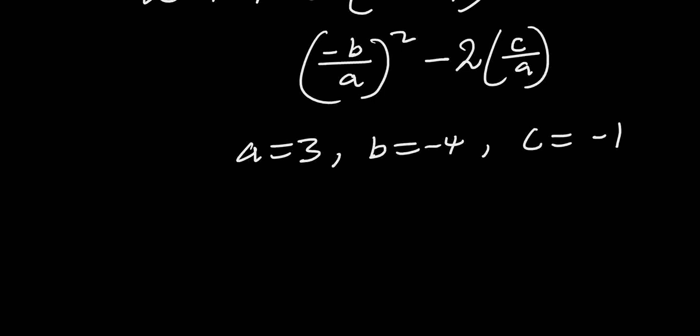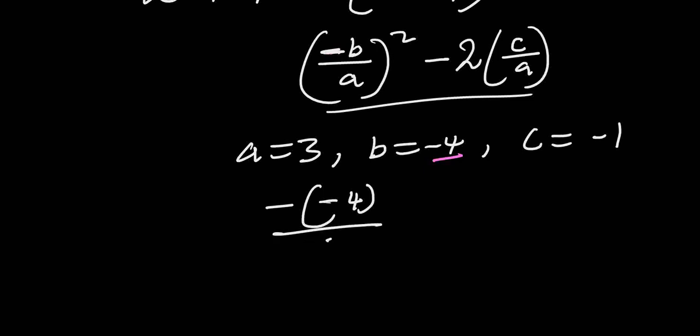So now we can simply plug these values into this, and we already have a negative sign here, and b is negative 4. So to write this, first write the negative that came with the b, and now negative 4, just put that in parentheses over a, which is 3.